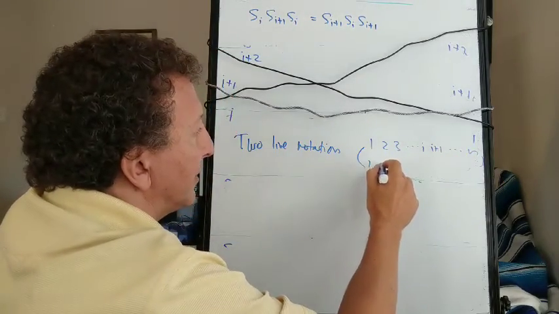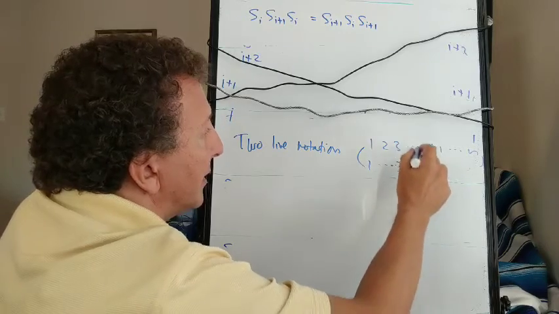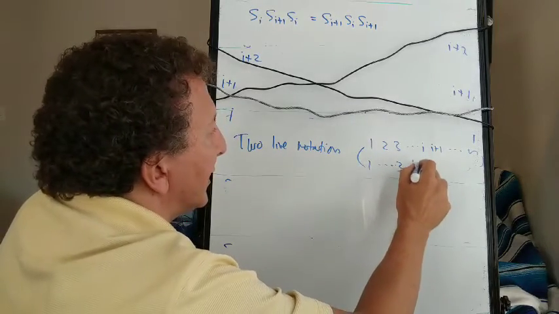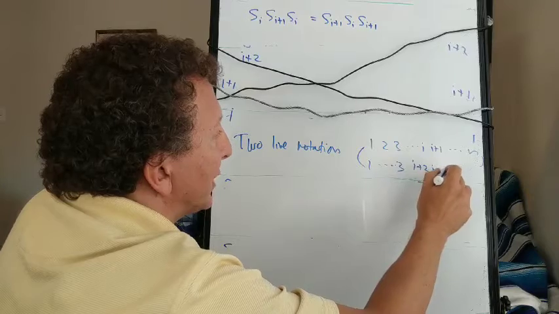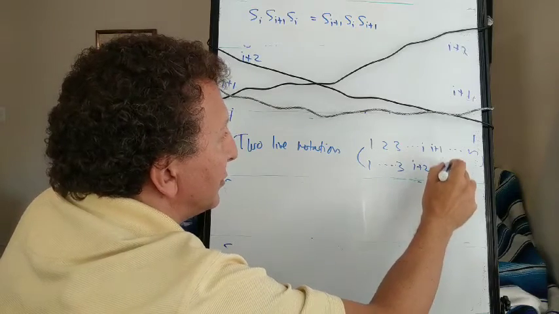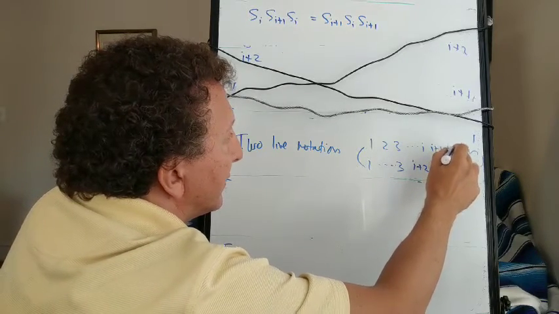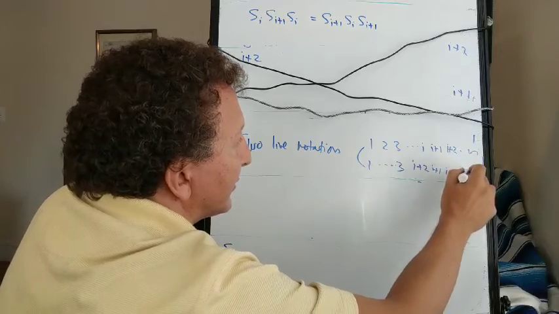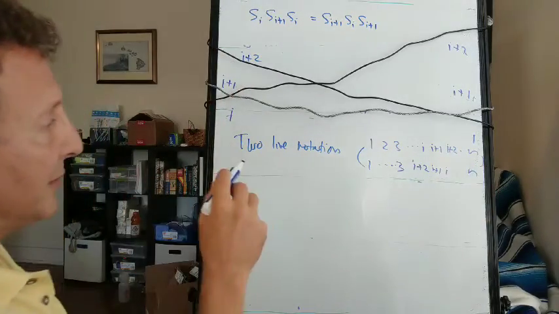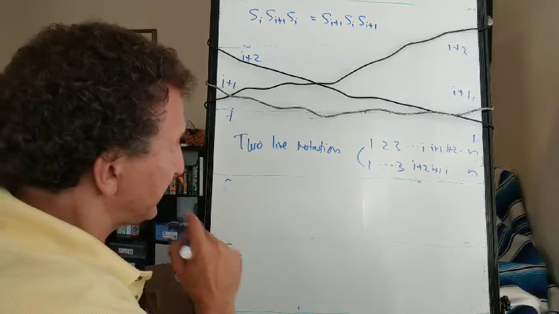So here we've got i going to i plus 2, i plus 1 going to i plus 1, and then i plus 2 going to i, and then everything else going to itself. So this is called the two-line notation.